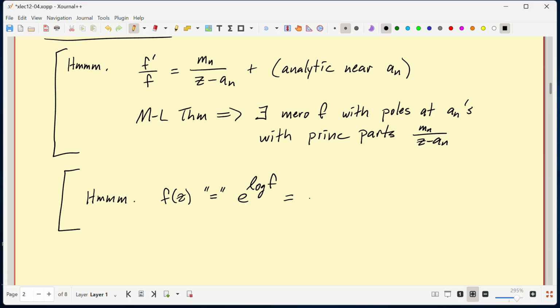And when we were constructing these things, we wrote those branches as an integral from a fixed point a to z of f prime over f. Okay, so those are the two big ideas.